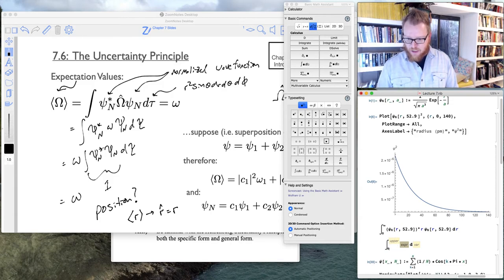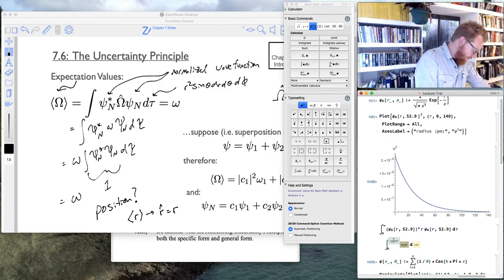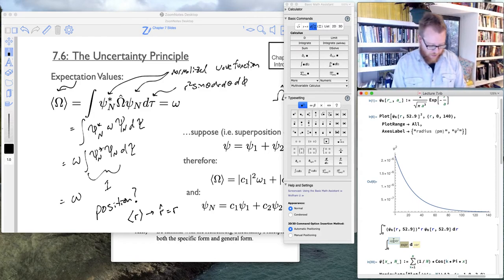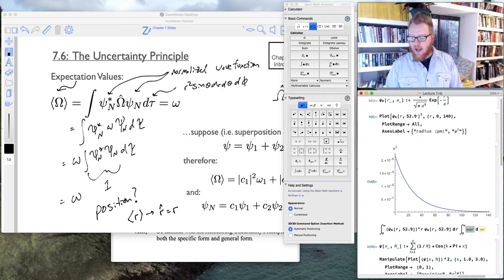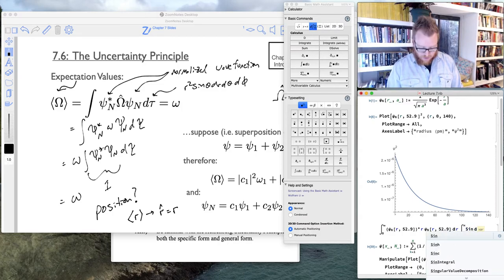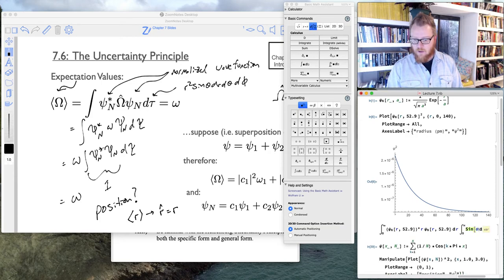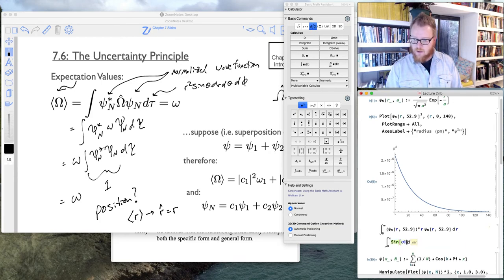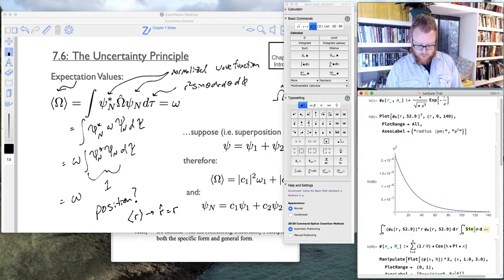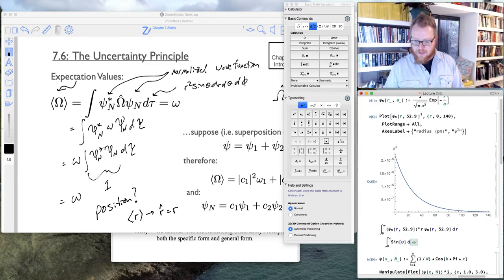And then now that's 0 to, I think it's 2 pi. I'm going to double check just so I do this correctly. Oh, 0 to pi. I'm glad I checked. Okay. Escape, pi, escape. And then now that's going to be sine of theta. Okay. Oops. Bracket. And then d theta.